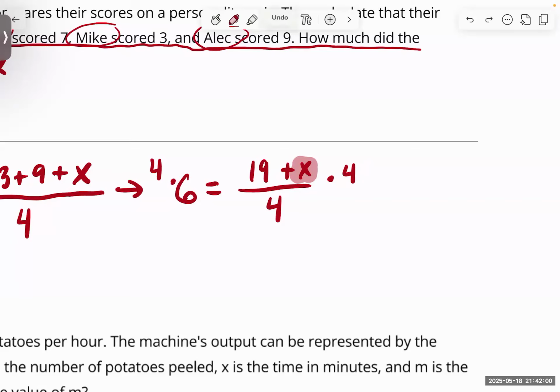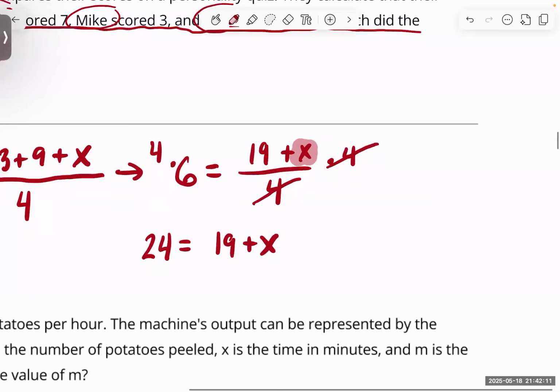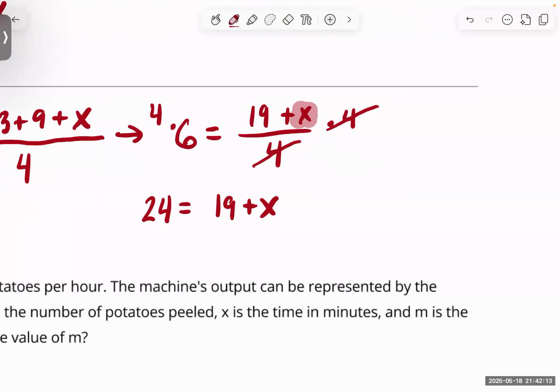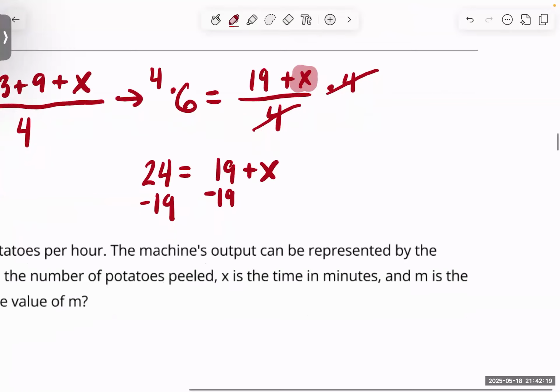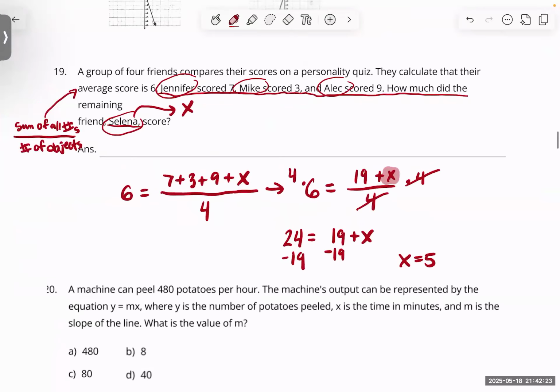These 4's cancel out. 4 times 6 is 24. 24 equals 19 plus X. Last thing to do is to subtract both sides by 19. If you can't do this in your head, that's okay. Use a calculator. X equals 5. That means Selena scored a 5 on this personality quiz. That's your answer.